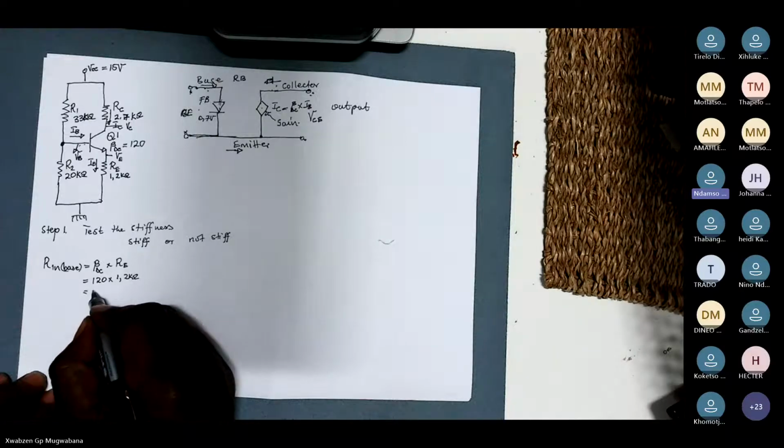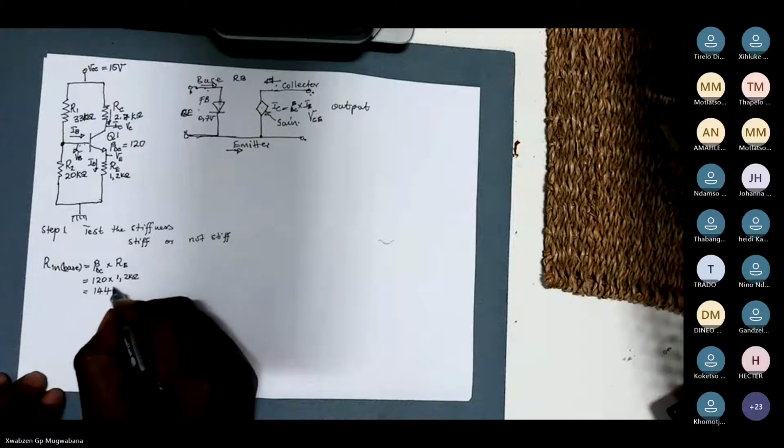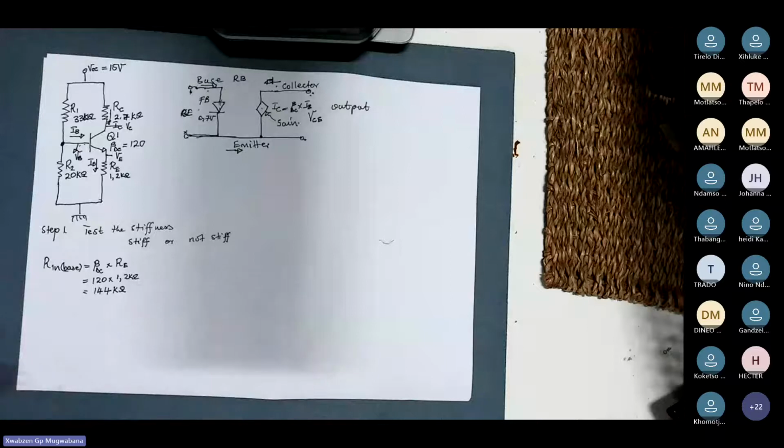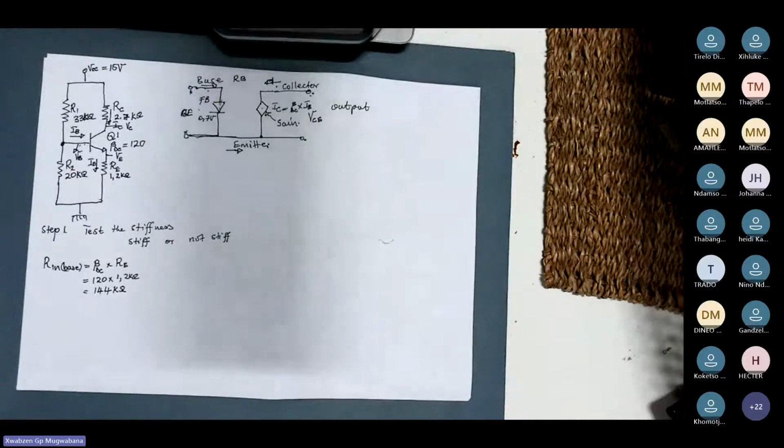You must make sure that that is a correct value. 144 kilo ohms, which is your R in base. That is the first step.